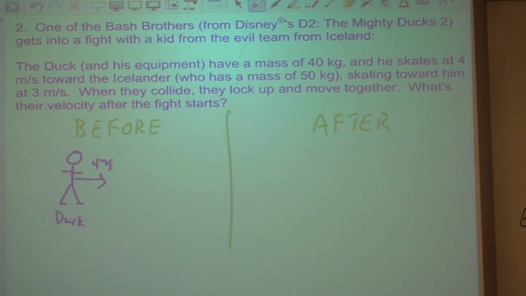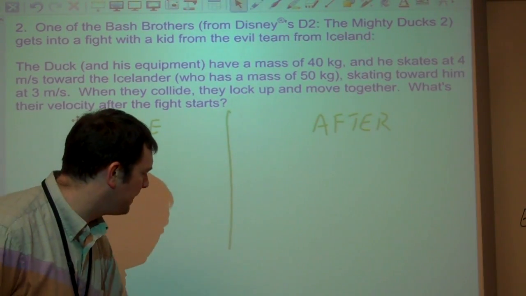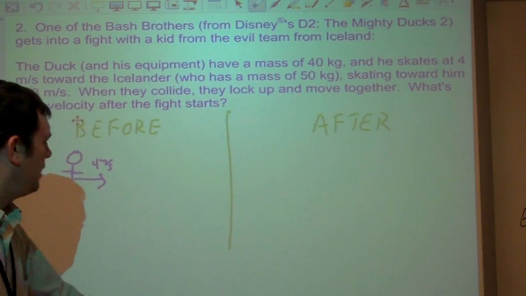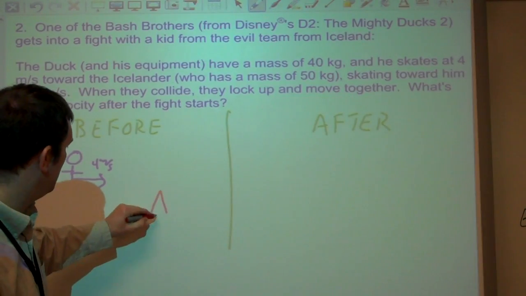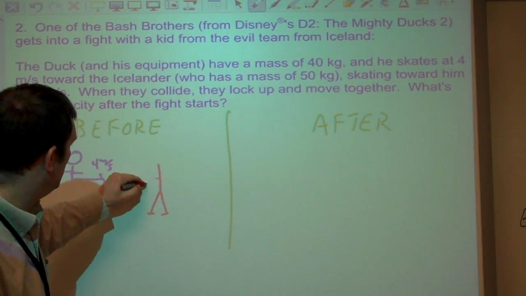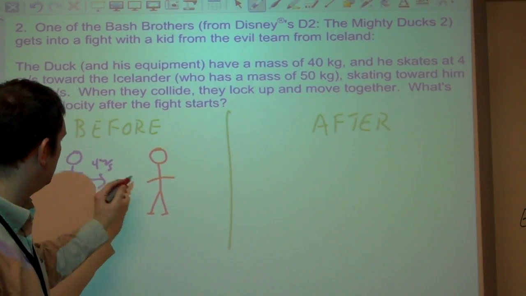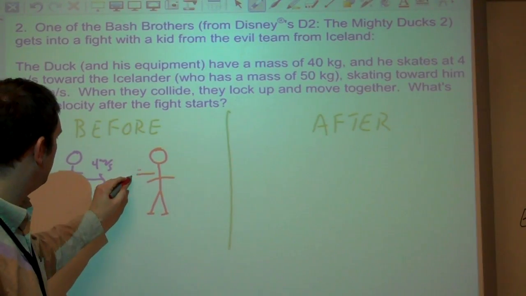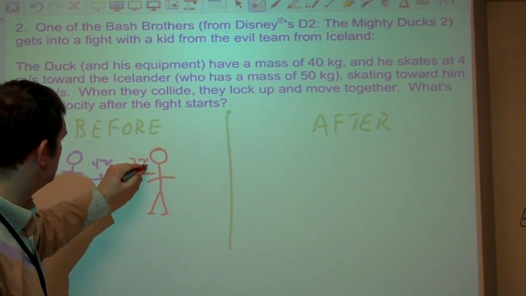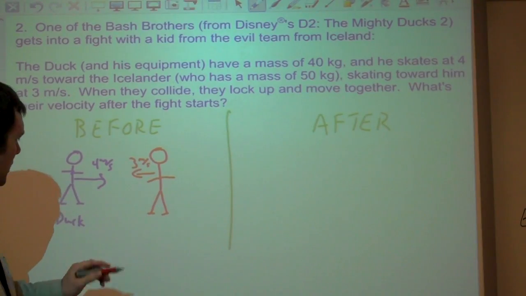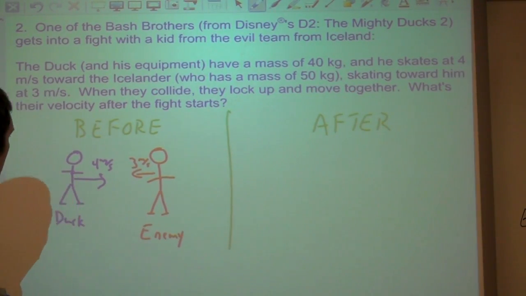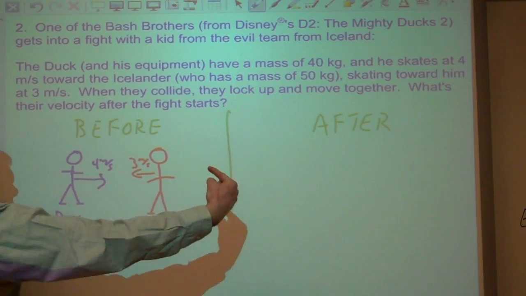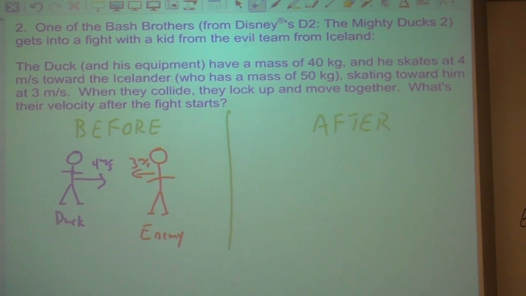And now the other hockey player from the other team is coming in the other direction, and reading the question tells me that that hockey player is moving at 3 meters per second before. That's the enemy player.